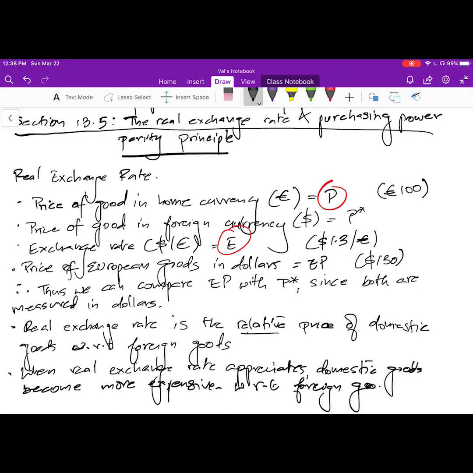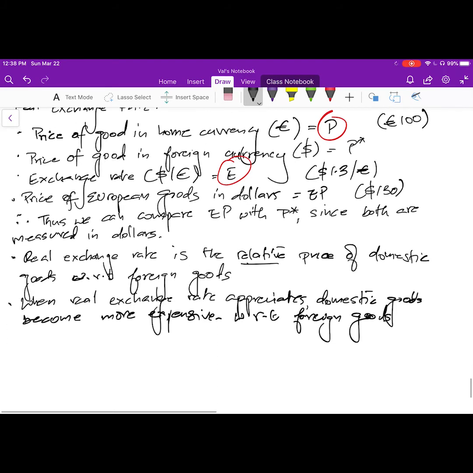If you think about it, this is no different than nominal exchange rate. When nominal exchange rate appreciates, domestic goods become more expensive, exports go down, and imports increase because foreign countries' goods are now relatively cheaper, so you'd import more.